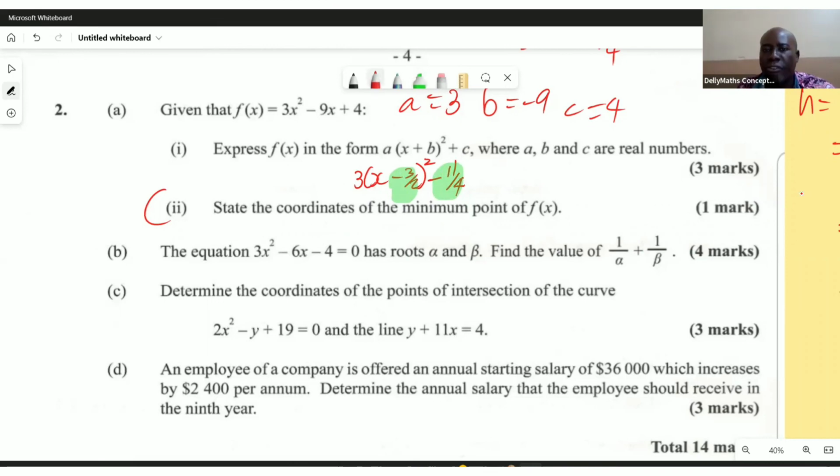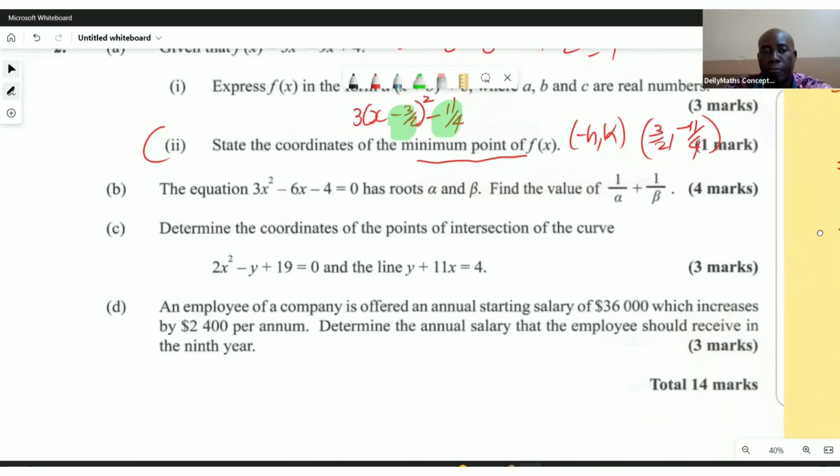So in a real term, if I have the negative of the h and the k, that is my minimum point. So basically then, that is going to be positive 3 over 2 along with negative 11 over 4. And that is my minimum point right there.